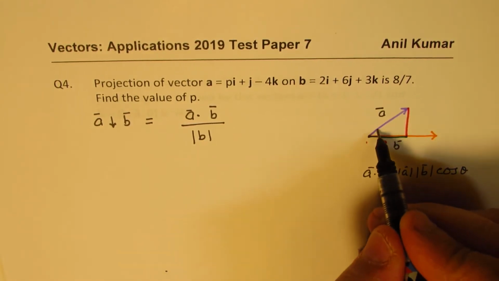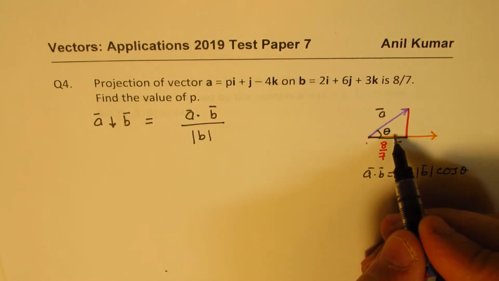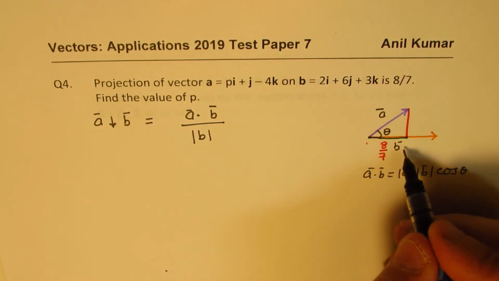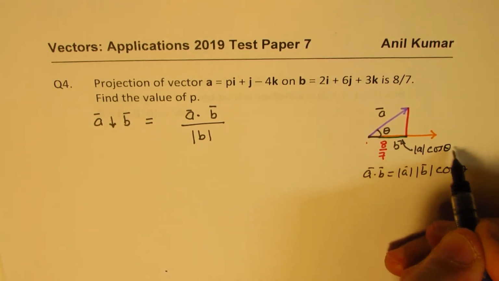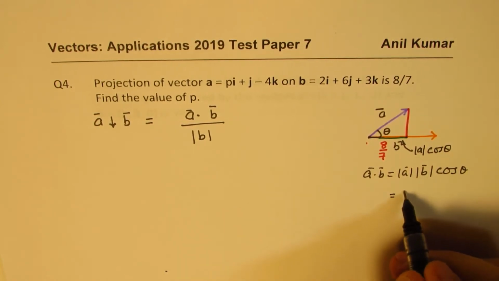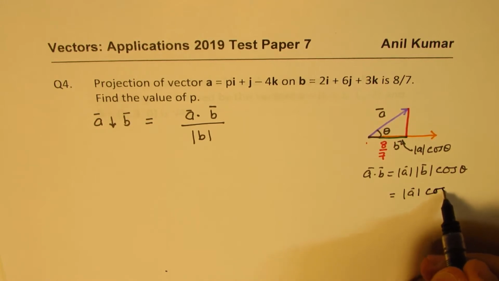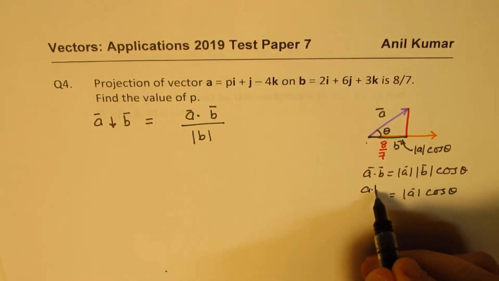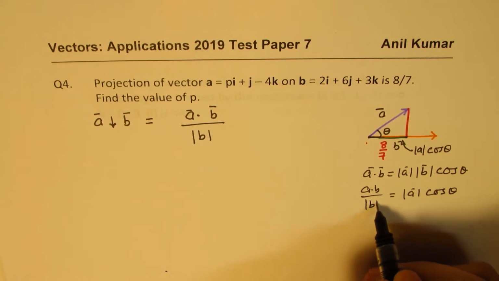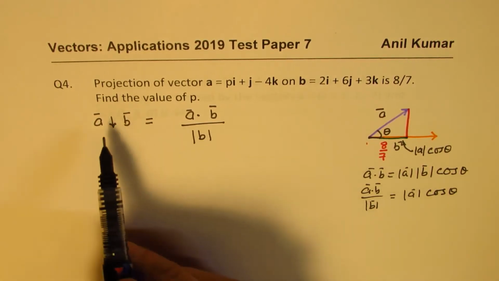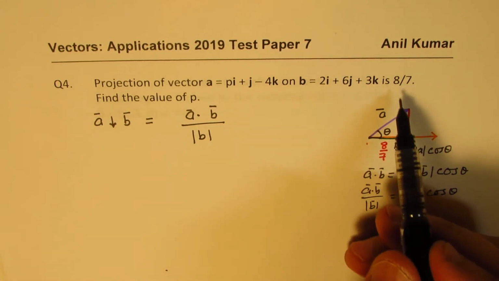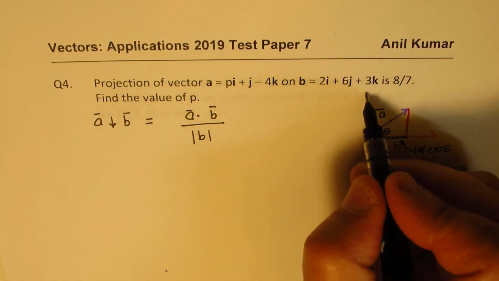So you can see from here that if the angle is theta, then this side basically is A cos theta. So the projection here is basically magnitude of A cos theta, correct? So if I isolate that, I get what? I need to divide the dot product by the magnitude of B. Is that clear to you? So that is a simple derivation. Now here we are given the projection, and whenever there is a number, we know it is scalar projection, correct?